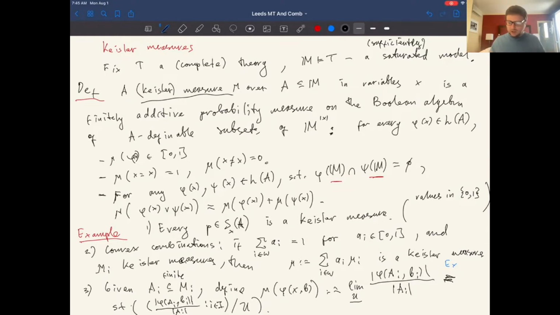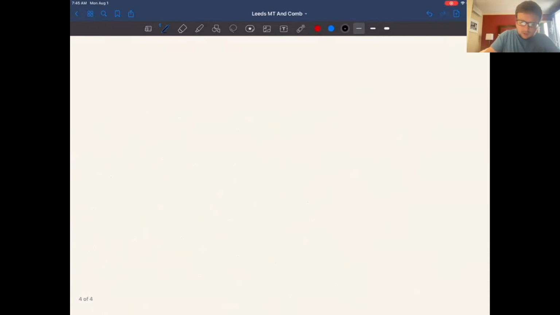Let me give you one more example. Whenever we're in a situation, for example, let M be an expansion of the field of reals, and assume this is o-minimal. Sorry, what I wrote here is both an expansion and an extension, right?